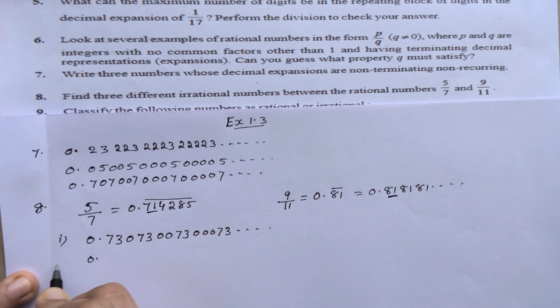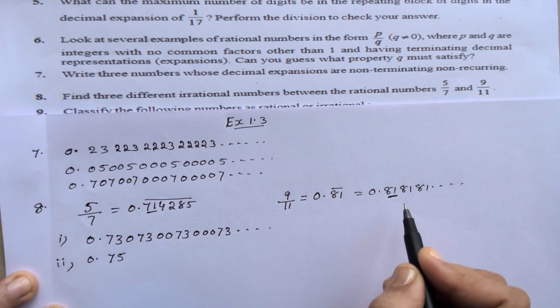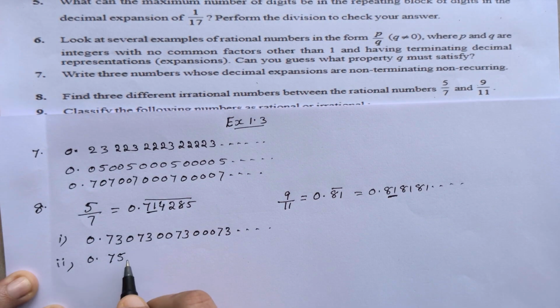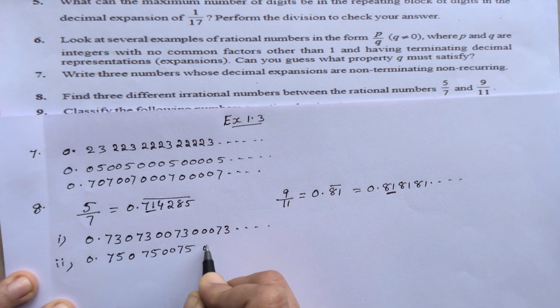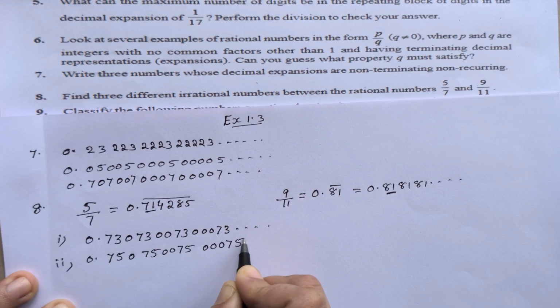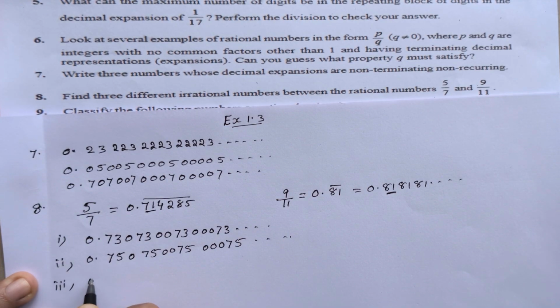Another example, you can start with 75. That also comes after 71, before 81. So 0.75. The same way, you can start with any digit, 0. If you are taking 0, then again 75, 0, 0, 75, 0, 0, 75, etc. One more, 0.77 we are taking.